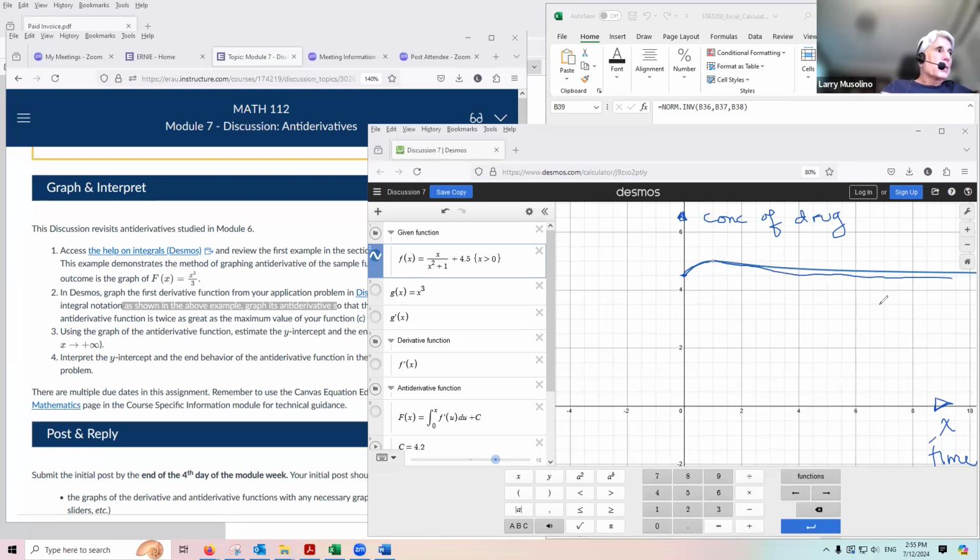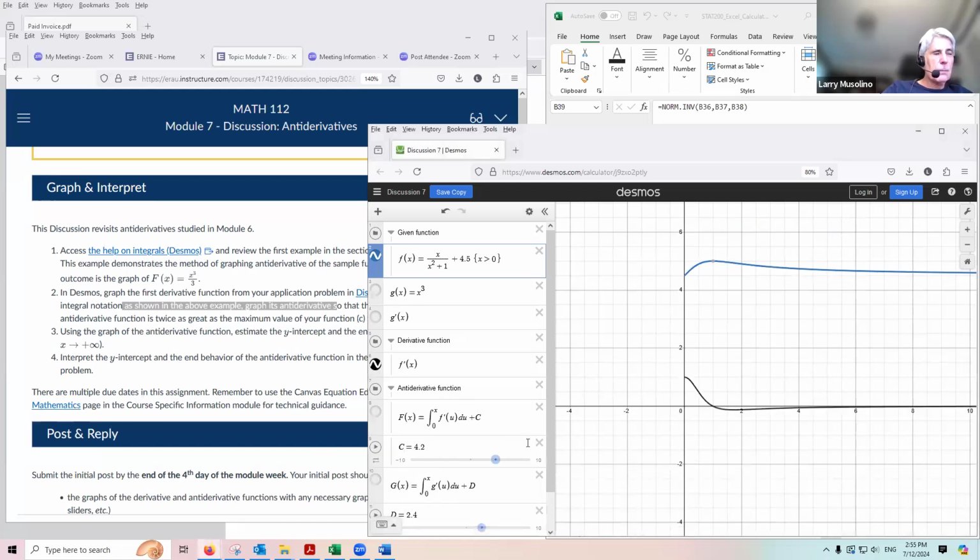Okay, so let me go ahead and plot the derivative function. Let me clear that off here. All right, let me plot the derivative function. For that, all I have to do is write f prime of x. So here is the derivative function in black. But the instructions also said plot the antiderivative.